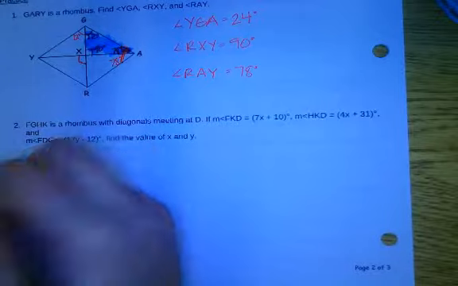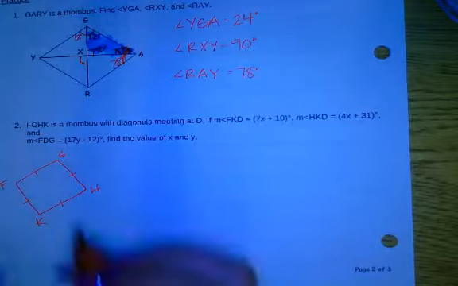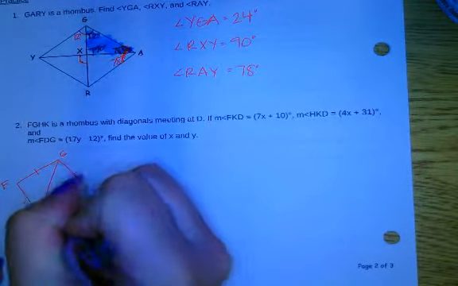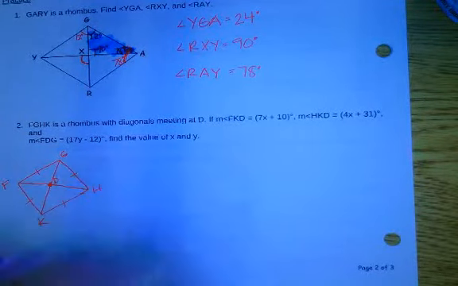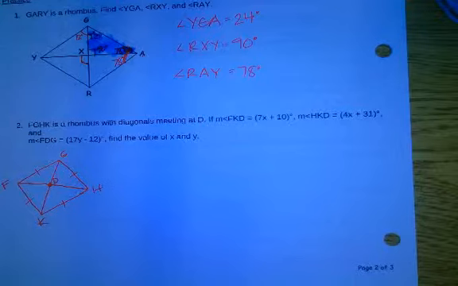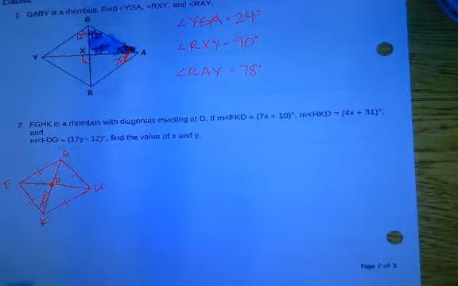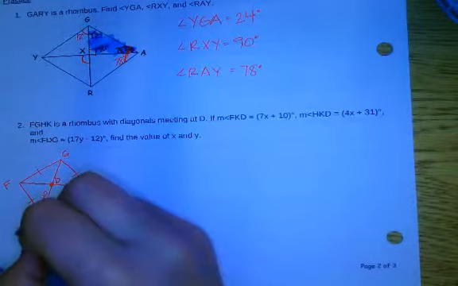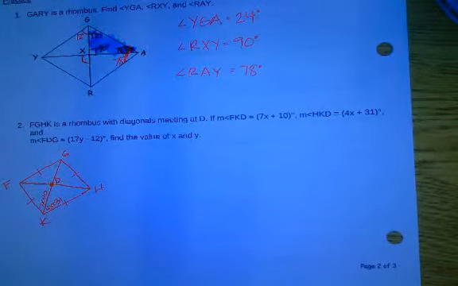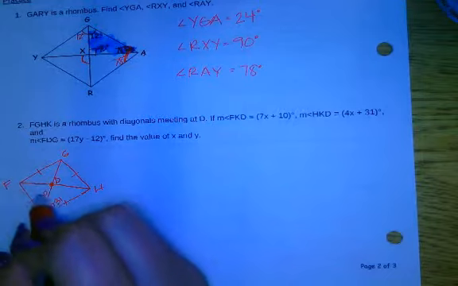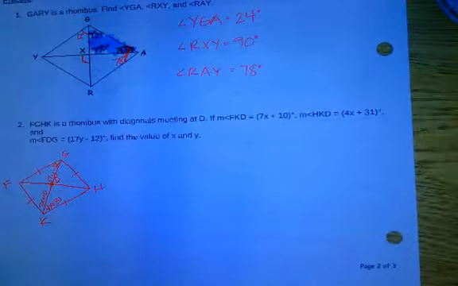F, G, H. The diagonals meet at D. If FKD is 7x plus 10, and HKD is 4x plus 31, and the measure of FDG is 17y minus 12, find the value of x and y.